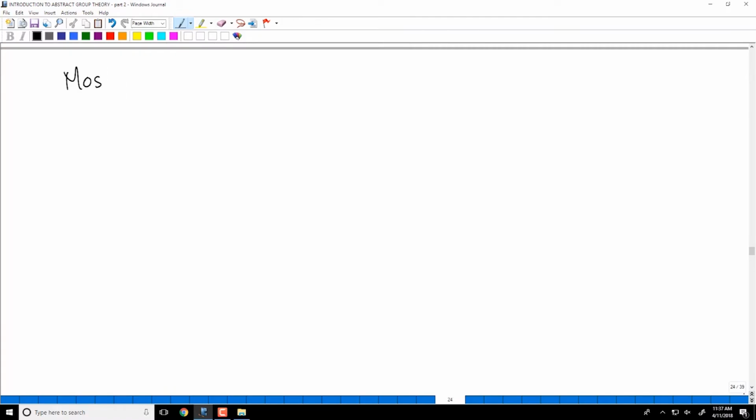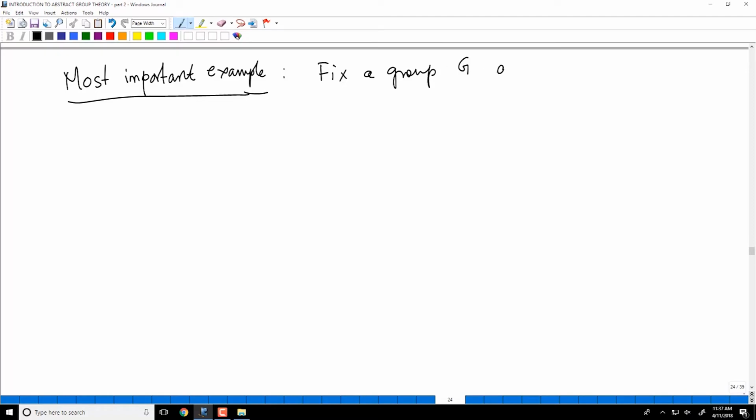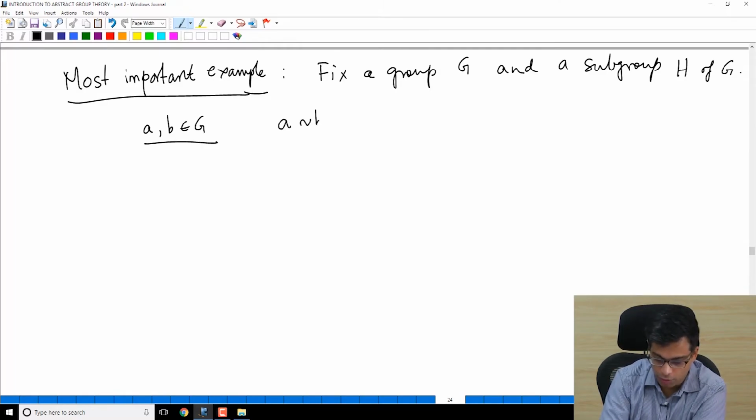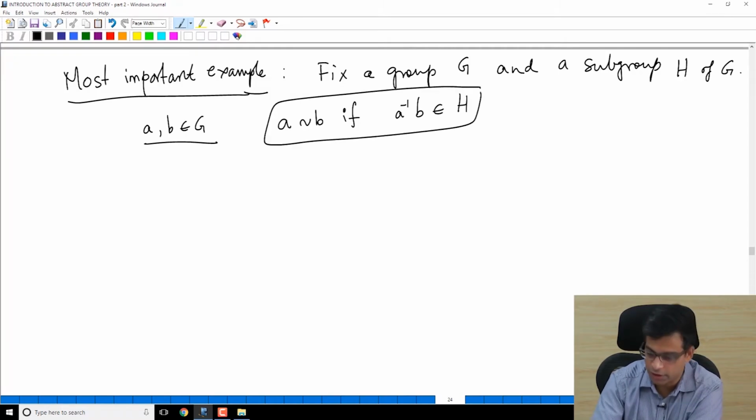So the most important example for us, and all the examples that we have looked at are really examples of this with different groups and different subgroups: fix a group G and fix a subgroup H of G. I defined that if A and B are in G, then A is related to B if A inverse B is in H. This is the equivalence relation that we checked is an equivalence relation.